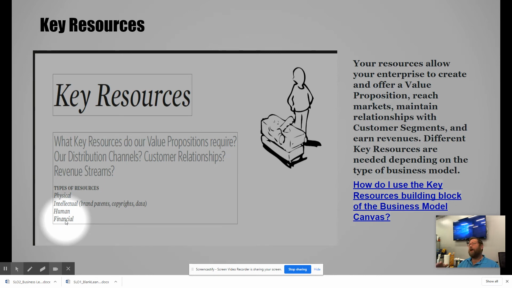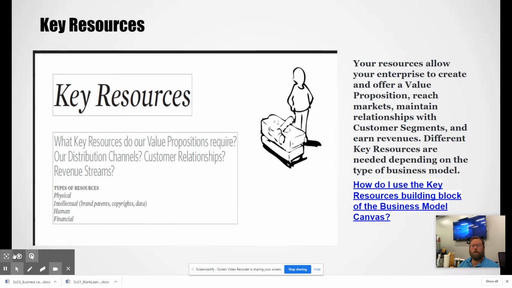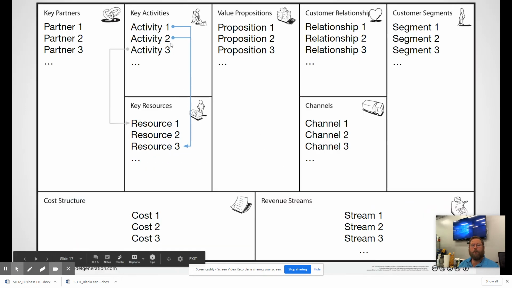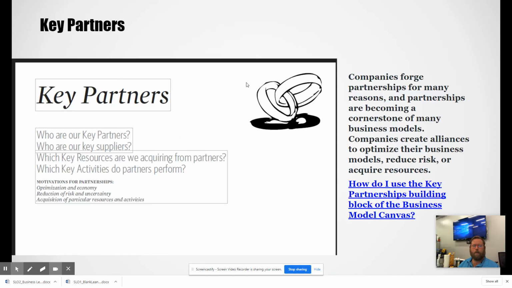Do we have not only the revenue, but the capital, the working capital within our business to deliver the key activities that are necessary? So these resources are very, very critical. And you can see that here. Where does the resource connect to the activity? So once again, all connected, all intertwined. Very, very important that we remember that.